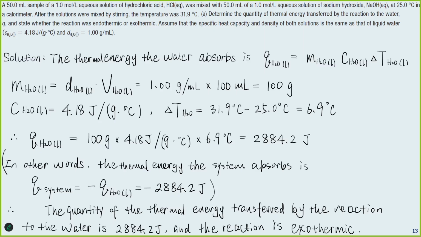And the specific heat capacity of water is 4.18 joules per gram degrees Celsius. And then the temperature change of the water is 6.9 degrees Celsius.